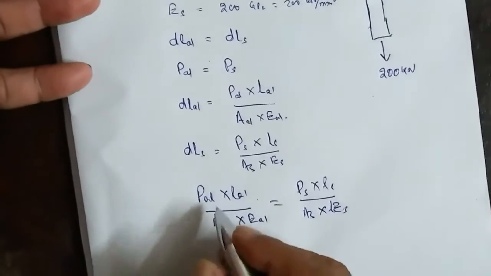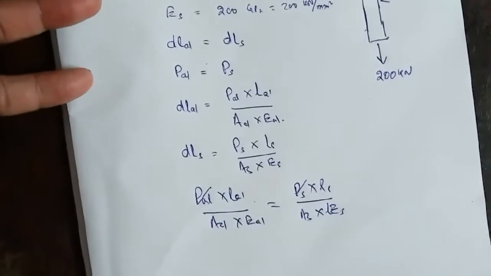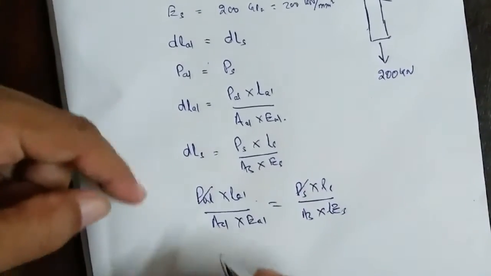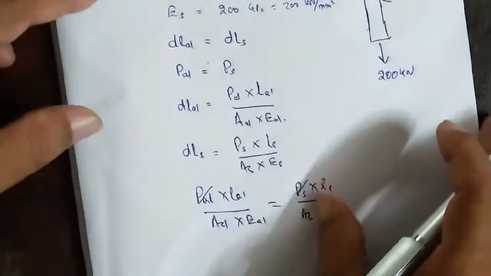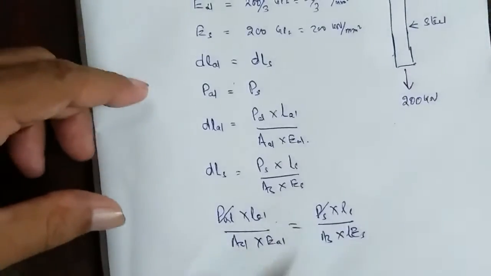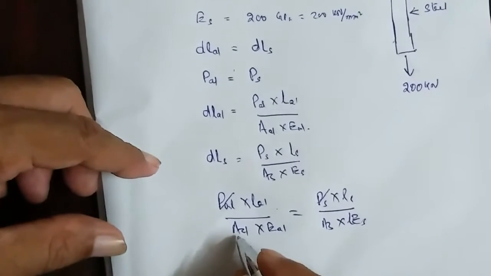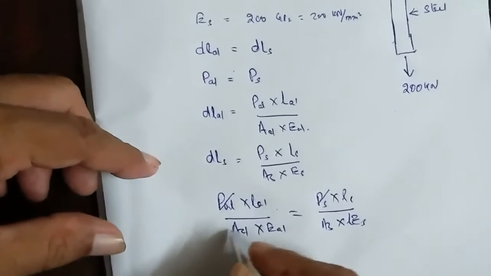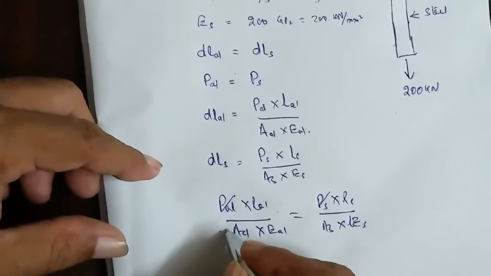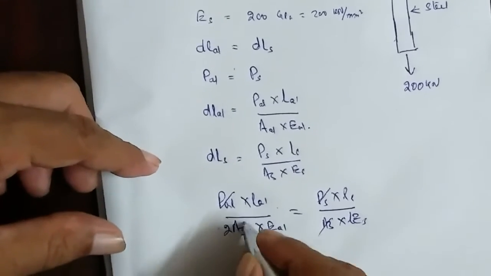Now because PA and PS are the same, they cancel each other. Area of aluminium is twice the area of steel, so we can write twice of AS, and AS will also cancel.